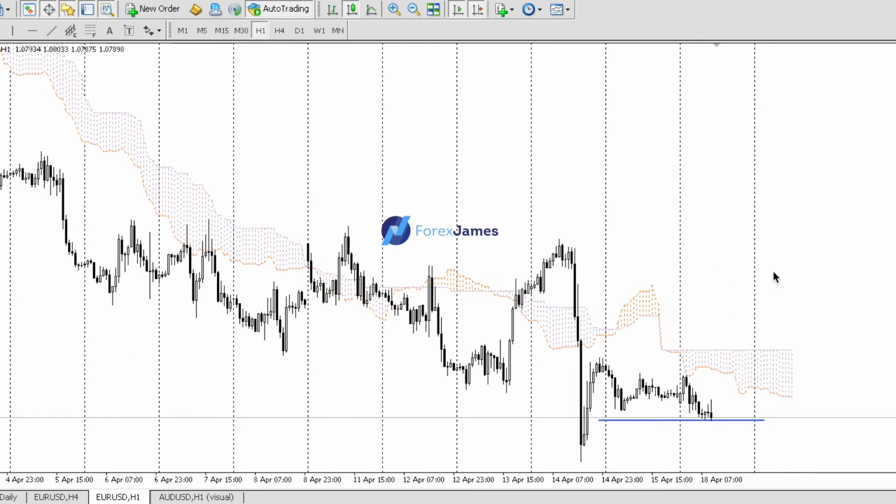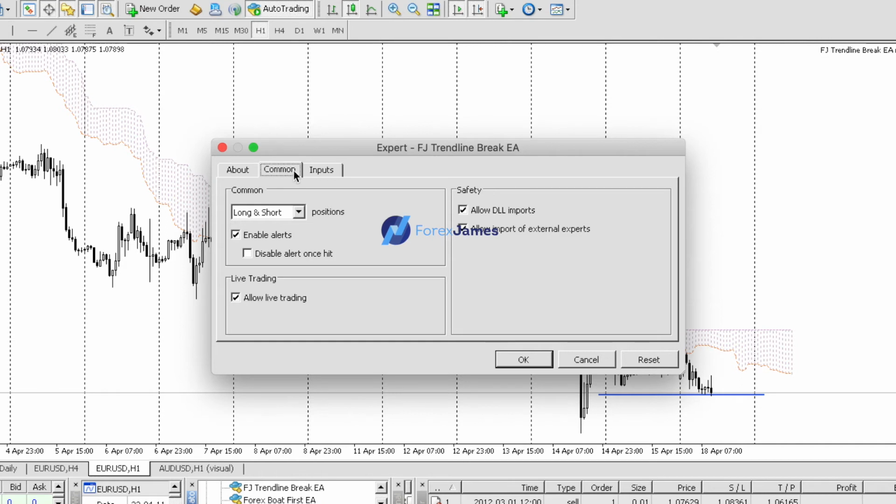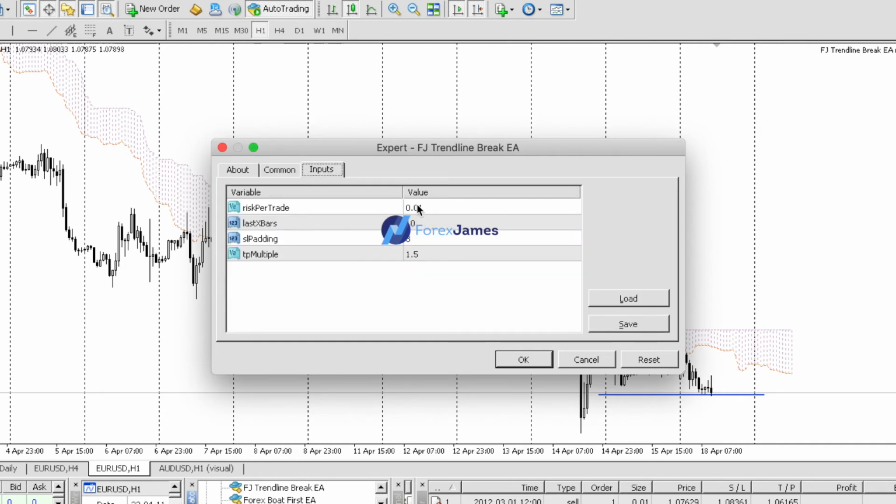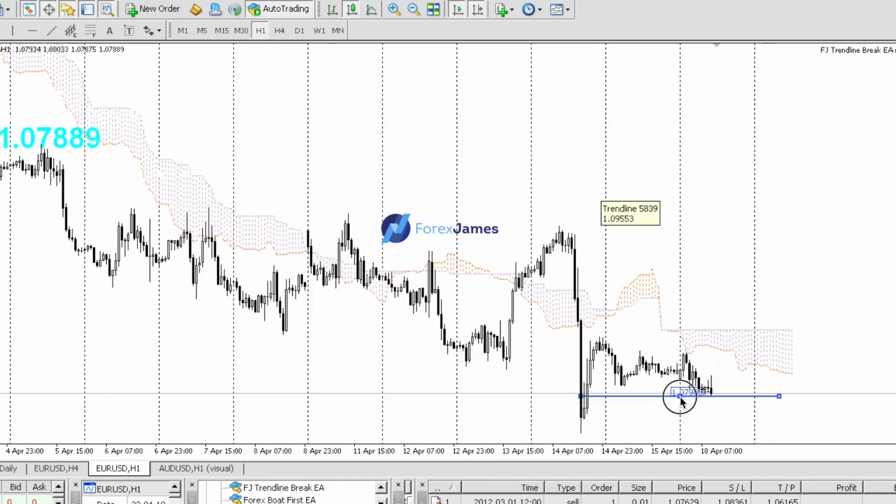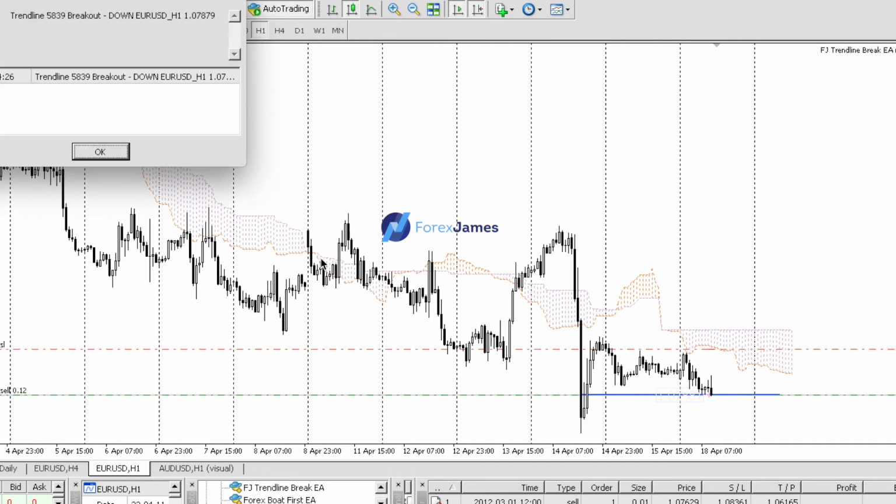Remove this. Allow live trading and auto trading is turned on. Inputs: 1%, previous last 10 bars for the stop loss, padding of 3 pips, and a TP multiple of 1.5. There you go.